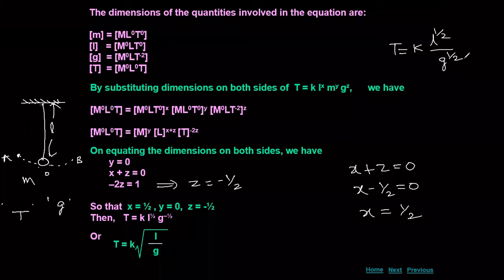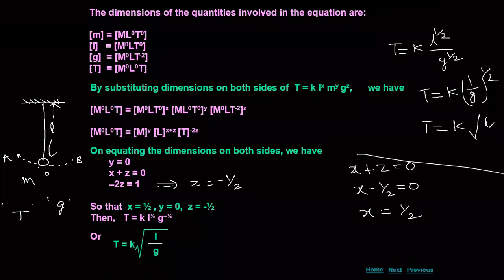That means it is L by G whole power 1 by 2. So T is equal to K into, power 1 by 2 means square root. So square root of L by G we are getting. This is what we got.